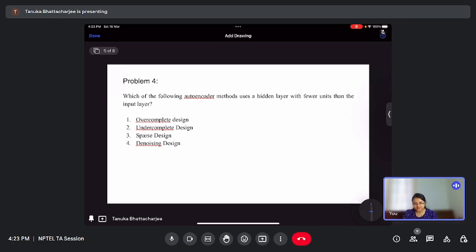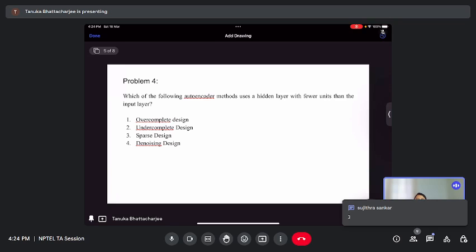So as I said, in case of the sparse autoencoder you do not need the number of hidden layer units to be lesser. It can have equal number as the input dimension or even larger. You just need to ensure that only a few neurons are activated, but there can be more neurons as well. So sparse is not a case where you necessarily need fewer units in the hidden layer. So that's not a correct option.